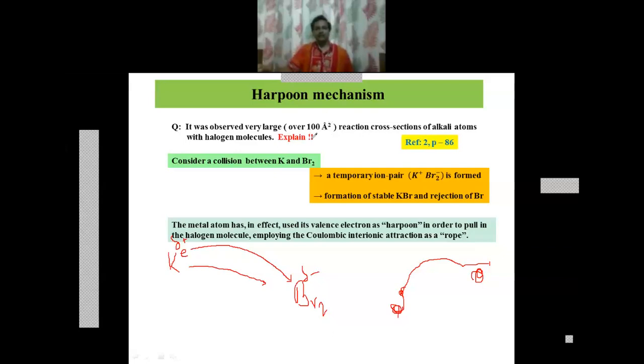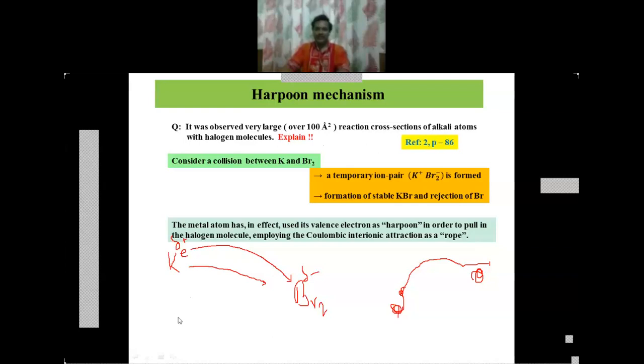Sometimes it is like a Hindi movie: hero and heroine first fall in love at first sight, like in a marriage ceremony where the heroine is there and the hero comes in, and from a long distance they fall in love, and after that they get married and have a family. That is just a joke, but it is a kind of comparison you can think about for the harpoon mechanism.